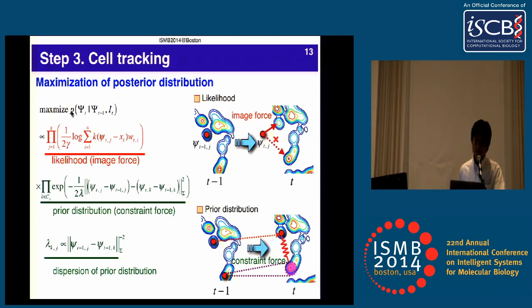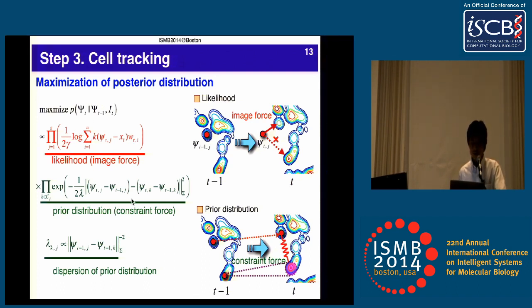Then the posterior distribution is proportional to the likelihood and prior distribution. The likelihood generates the image force on trackers for attracting them to the brighter region of the density function. And the strength of the image force is controlled by the temperature parameter gamma of the given distribution.